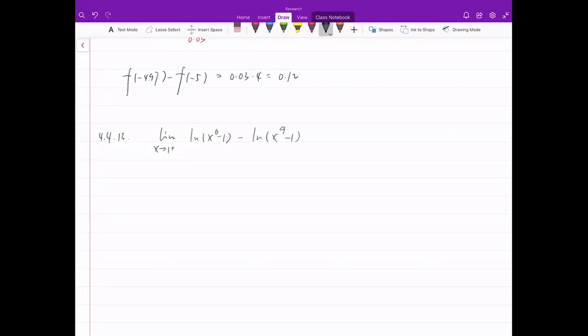This is infinity minus infinity, so it's impossible to do it directly. Therefore, we use the property of ln.